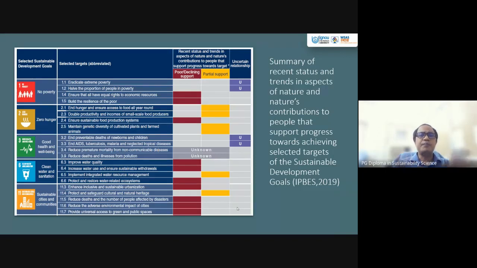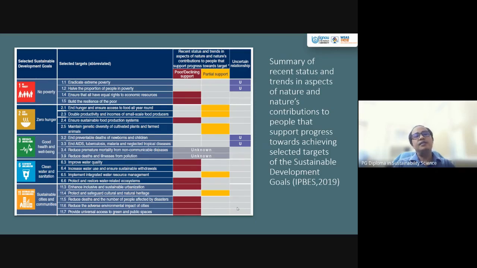For example, when you talk about goal number 1, no poverty, what happens when there is no biodiversity? The targets of no poverty are to eradicate extreme poverty, halve the proportion of people in poverty, ensure that all have equal rights to economic resources, and build the resilience of the poor.